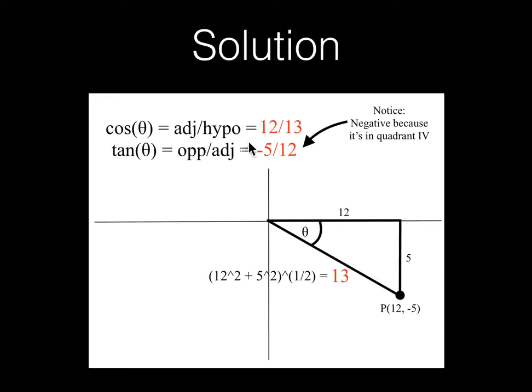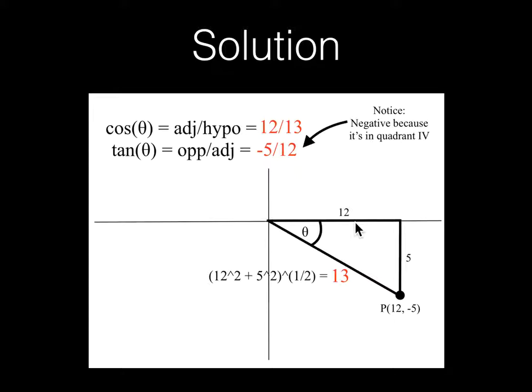And cosine is adjacent over hypotenuse, which is going to be 12 over 13. Tangent is your opposite over adjacent, which is 5 over 12. My bad.